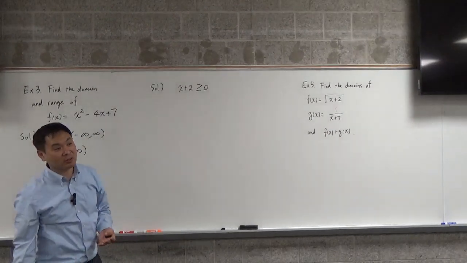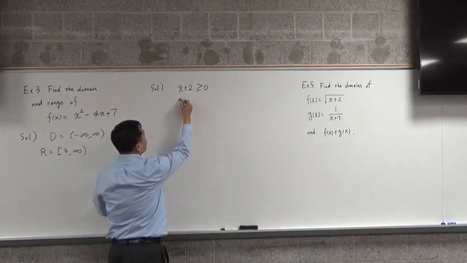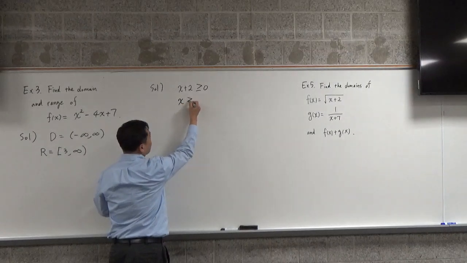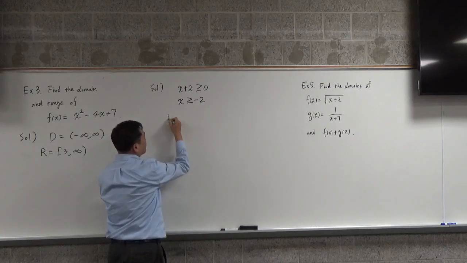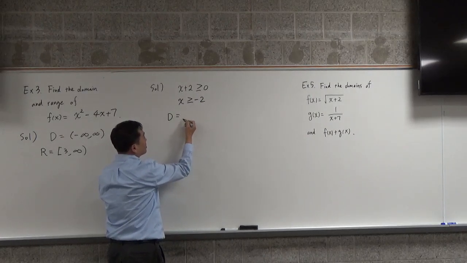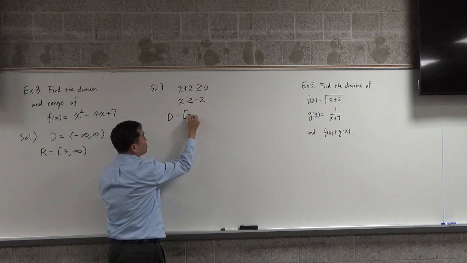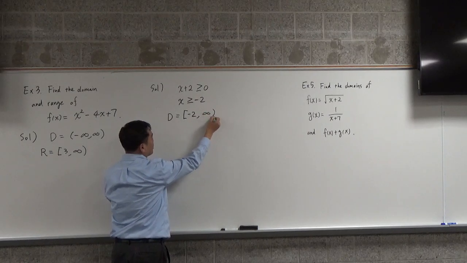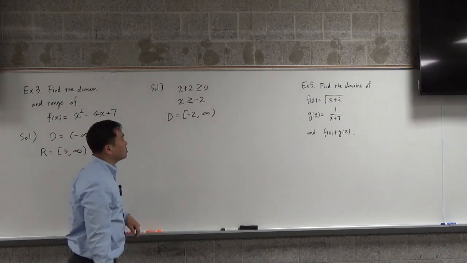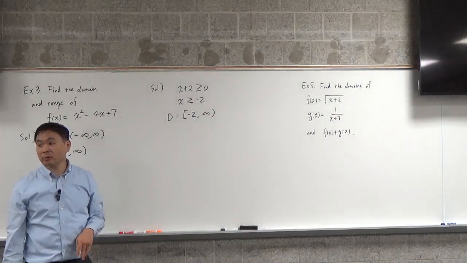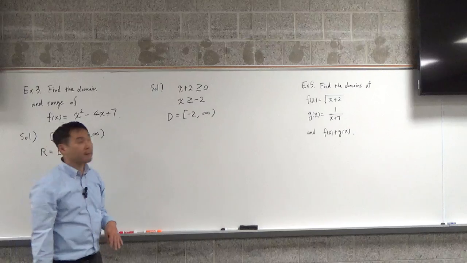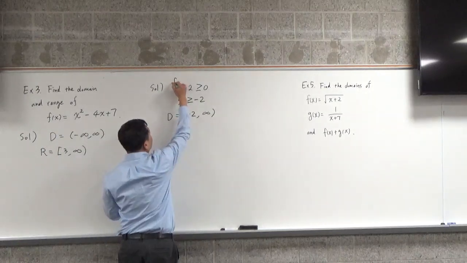It has to be 0 or positive, which means x must be greater than or equal to negative 2. So what is the domain? Including negative 2 until infinity. That's the domain for square root of x plus 2. Is that okay? So that's for f of x.